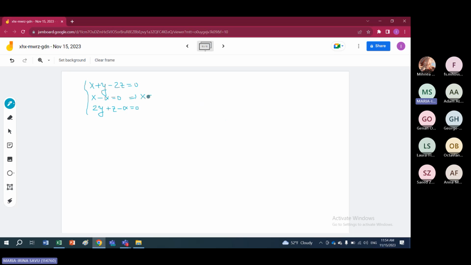Okay, from here x is alpha. Then alpha plus y minus 2z is 0. And then 2y plus z minus alpha is 0. What should we do with these two equations?